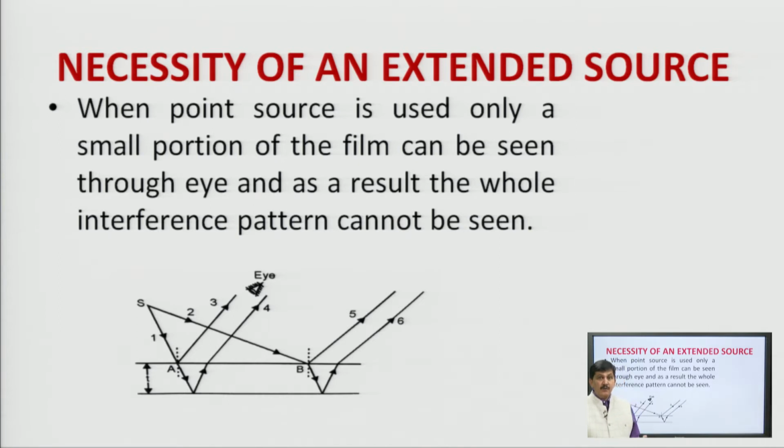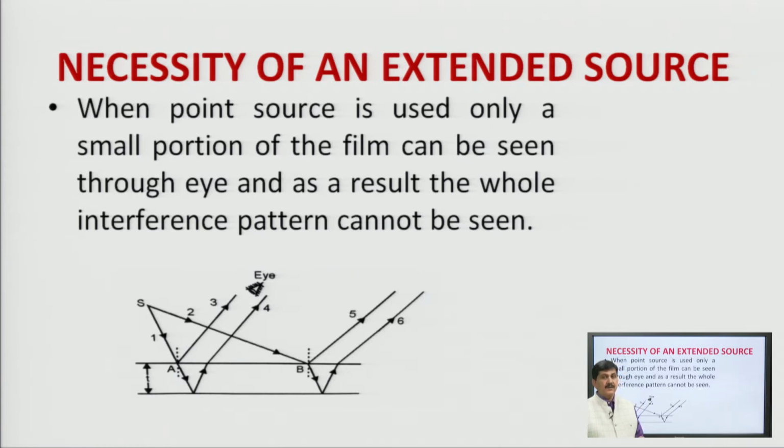When a narrow source of light is incident on a thin film, for each incident ray we get a parallel set of interfering rays.